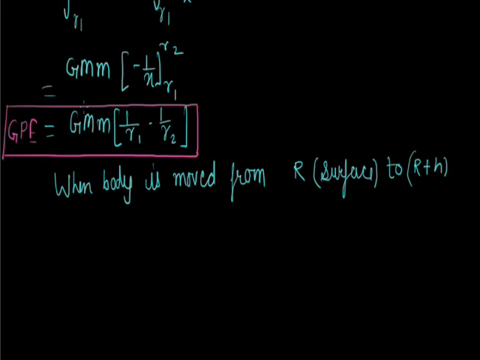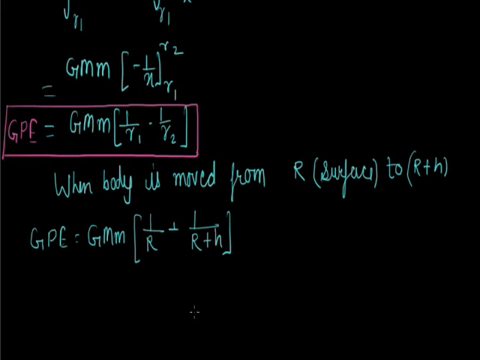This time gravitational potential energy, we can write it directly by this equation, GMm (1 by R minus 1 by R plus h). Now by solving this, GMm by R (1 minus R by R plus h).